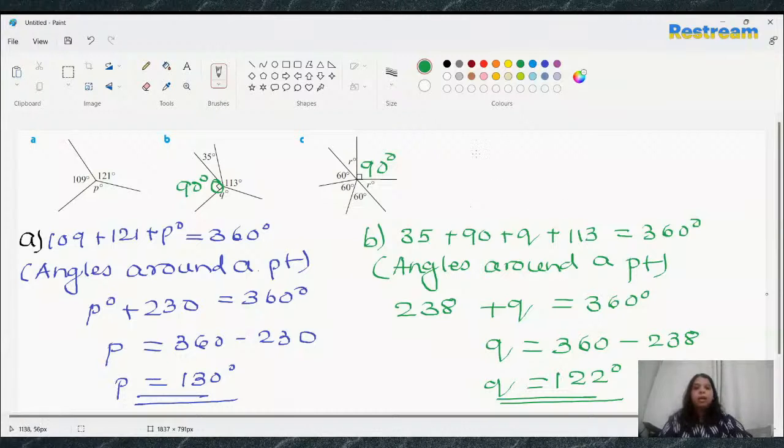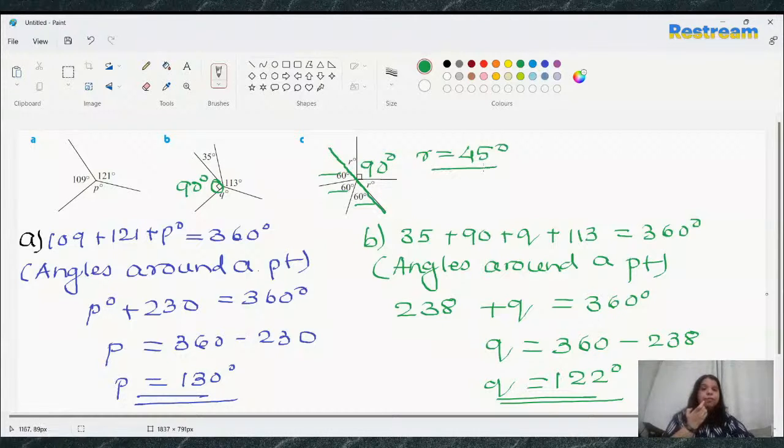So your angle R for this one is going to be 45 degrees. 60 plus 60 plus 60 is 180. You can see it is on the straight line. Okay, so it is 180 plus 90 is 270. So 360 minus 270 is 90 degrees, divided by 2, so 2R is equal to 90 degrees.